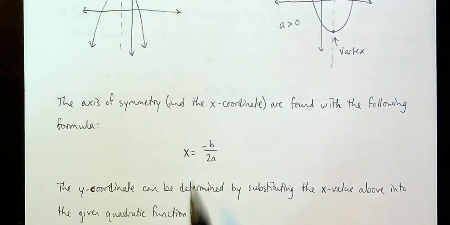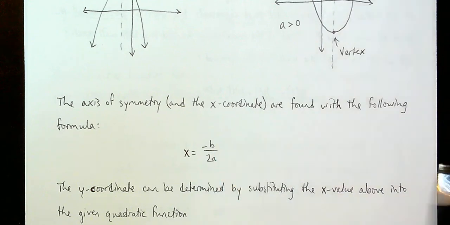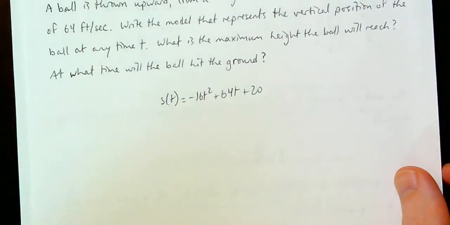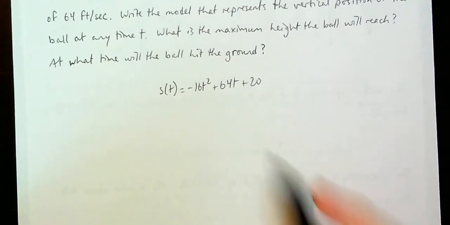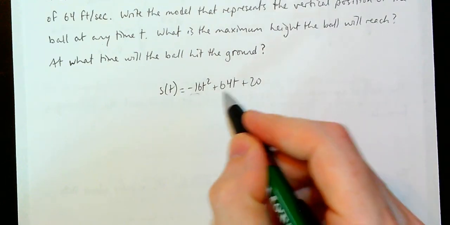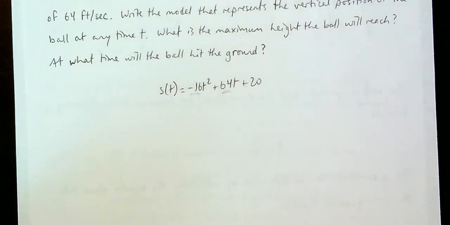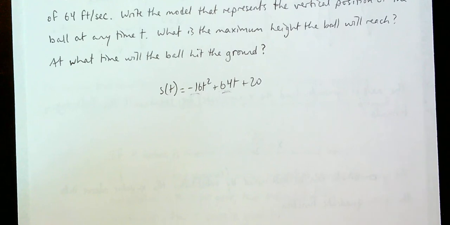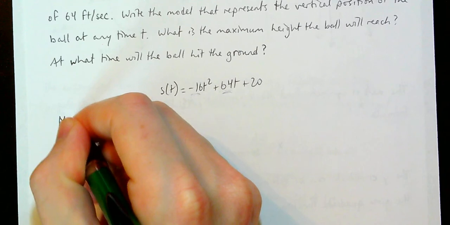We can at least find the x-coordinate by using this basic formula, minus b over 2a. So let's do minus b divided by 2a, and we'll calculate at what time our maximum height happens, and then we'll take that time, plug it back into S here, and find out what that maximum height is.